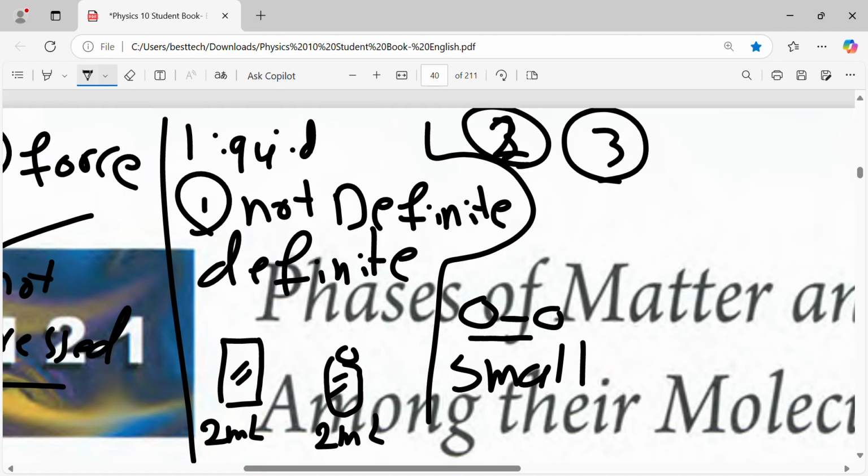Okay, guys. The third property of the liquid is the distance between the molecules. We have distance, but compared to the solid, it's large.